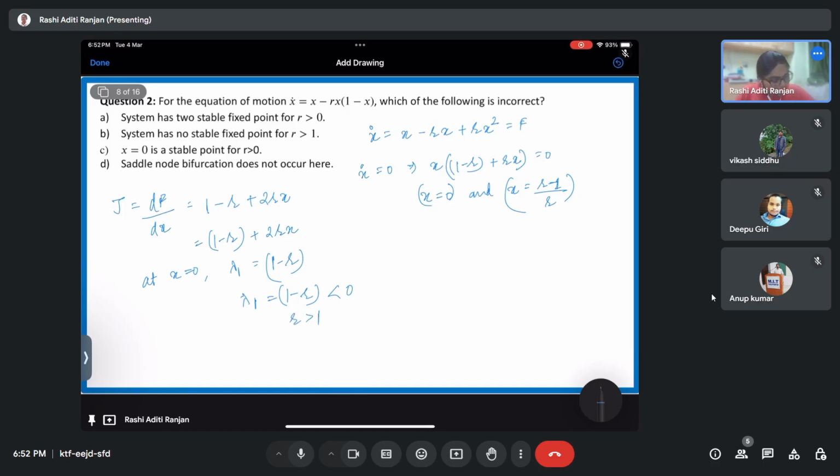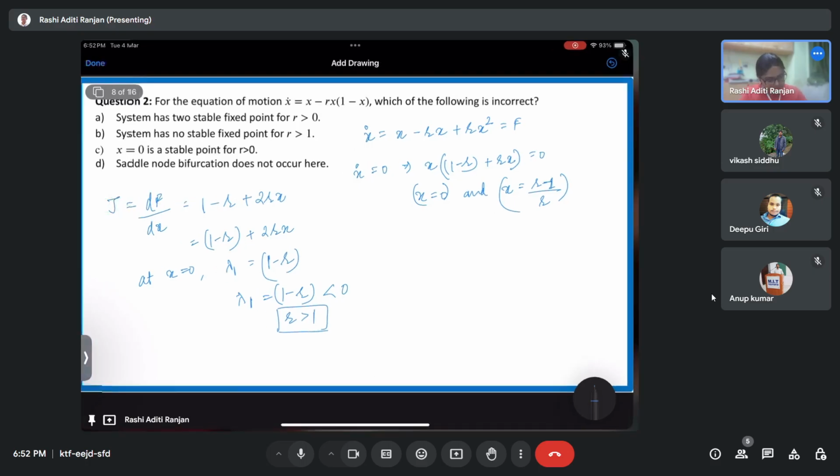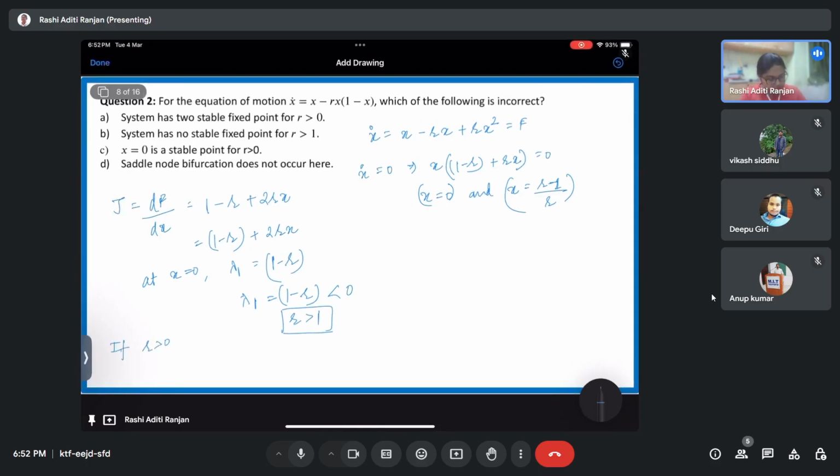So if r is greater than 1, then x equals 0 is stable. If r is less than 1, x equals 0 is unstable. I hope this is clear.